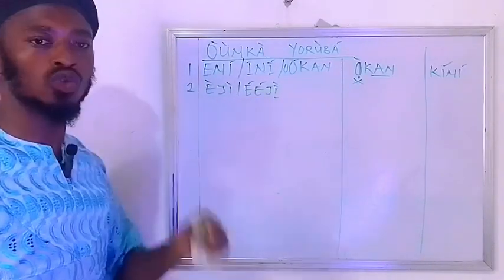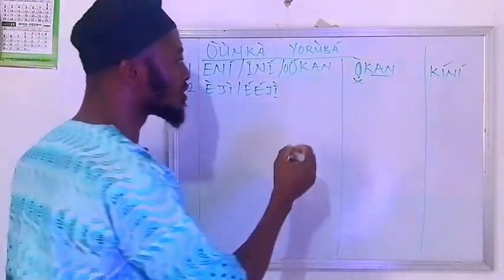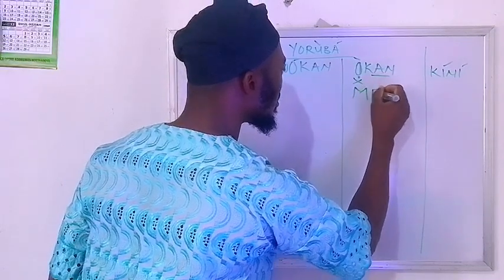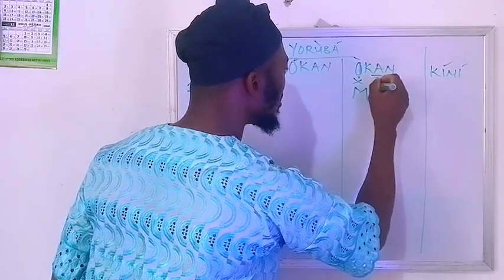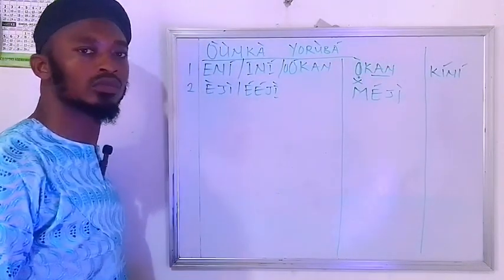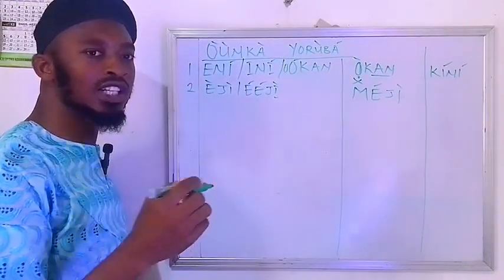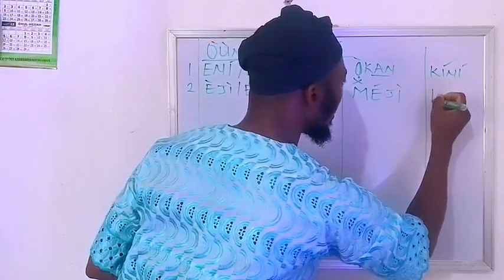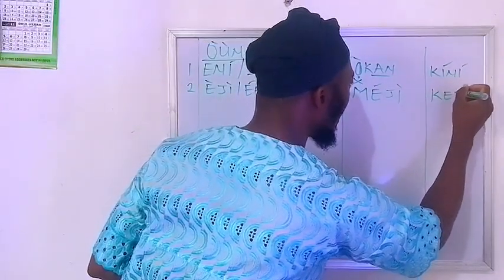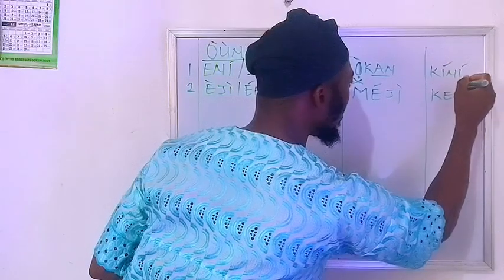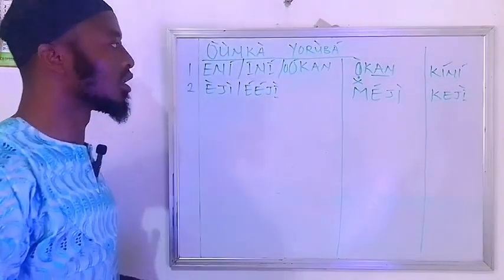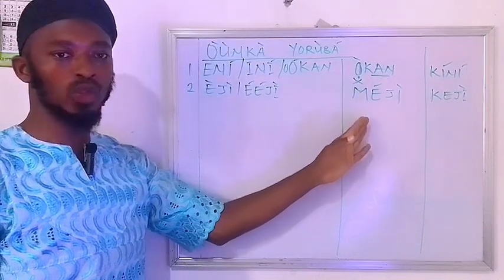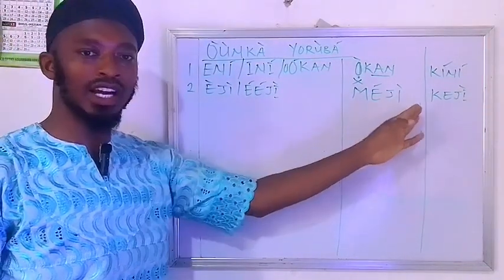If you are using 2 in counting, it becomes méjì. And if you are using 2 in numbering or positioning, it becomes kejì. So right from here, it becomes easy when we're talking about positioning and counting.